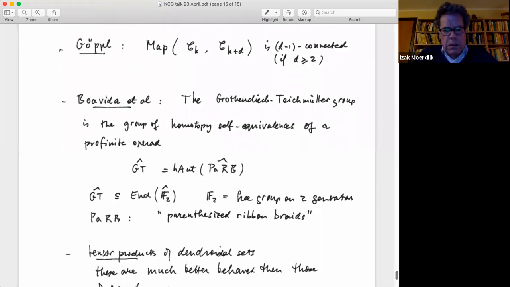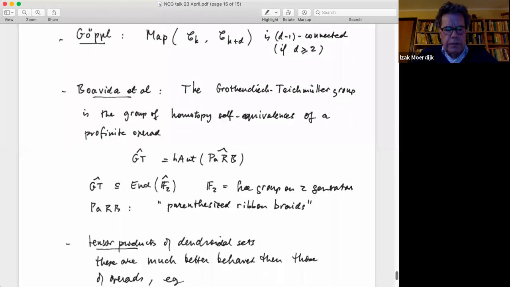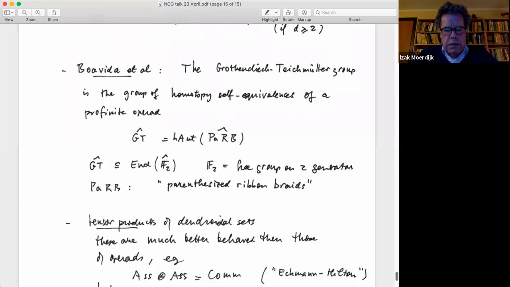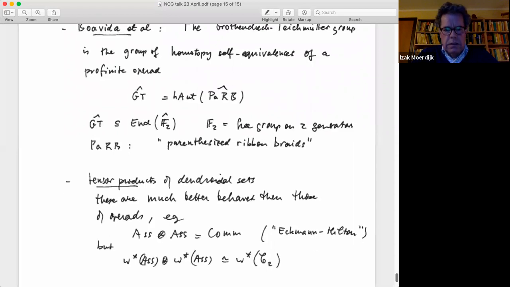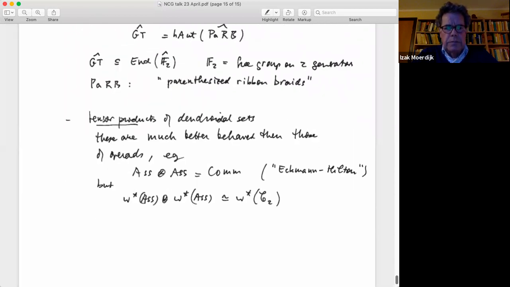Finally, there is this very intriguing, I could have given an entire lecture about this, but there is a nice tensor product on dendroidal sets, which comes from shuffling trees instead of shuffling linear orders. And it's combinatorially very mysterious, but homotopically it has very nice properties.